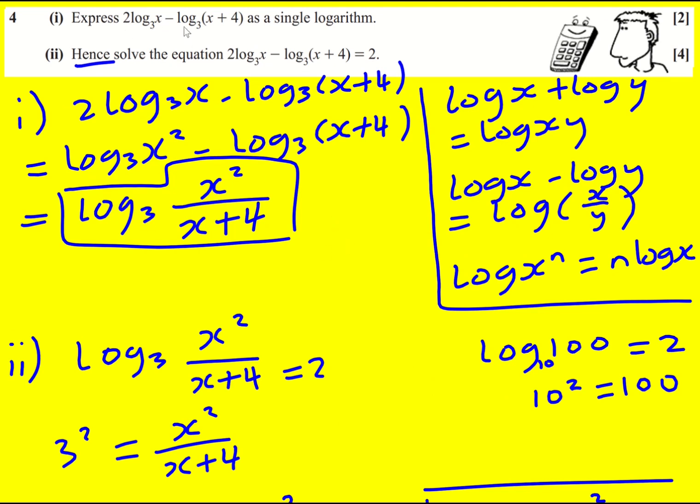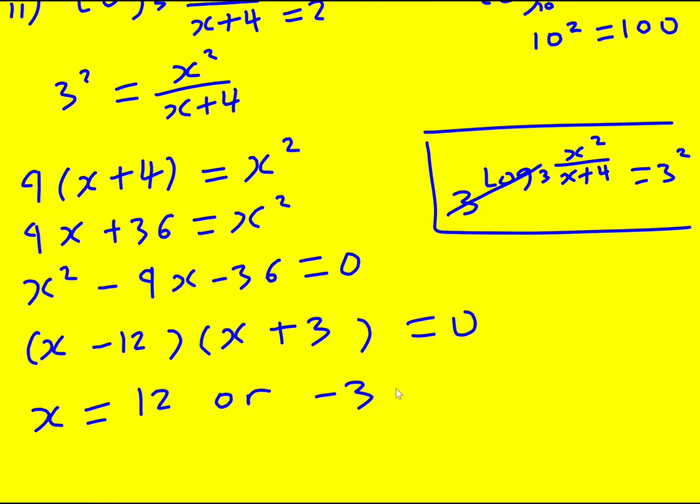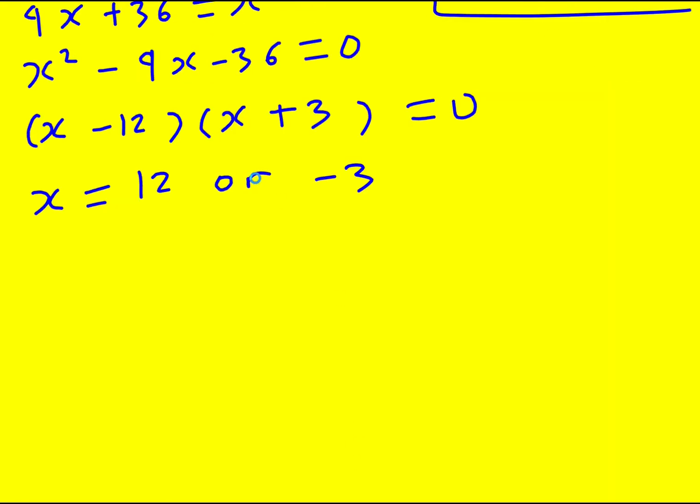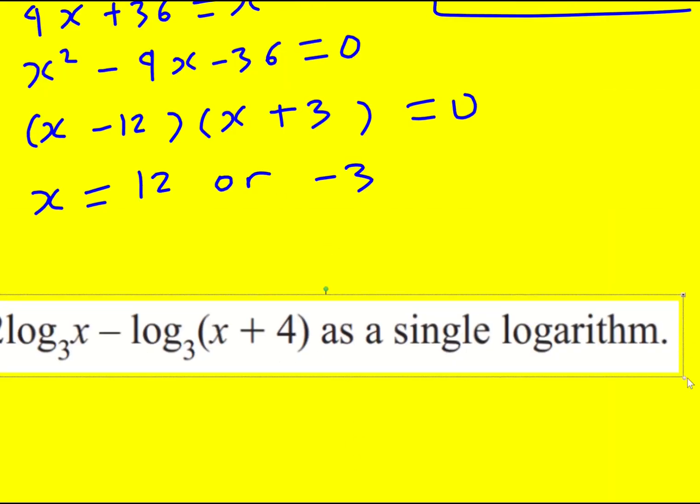Actually, my original equation was this. 2 log to base 3 of x is not technically true. It depends what n is and everything. But basically, when you apply the log rules, you have to be a bit careful and you can introduce extra solutions.